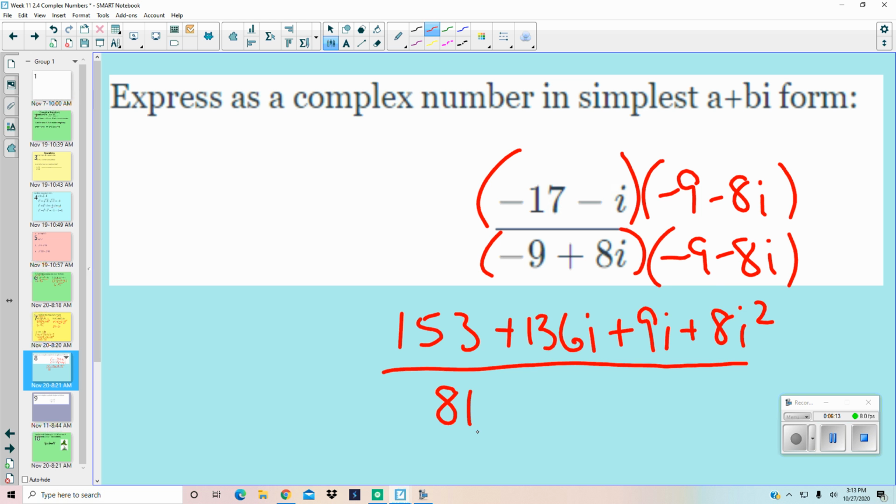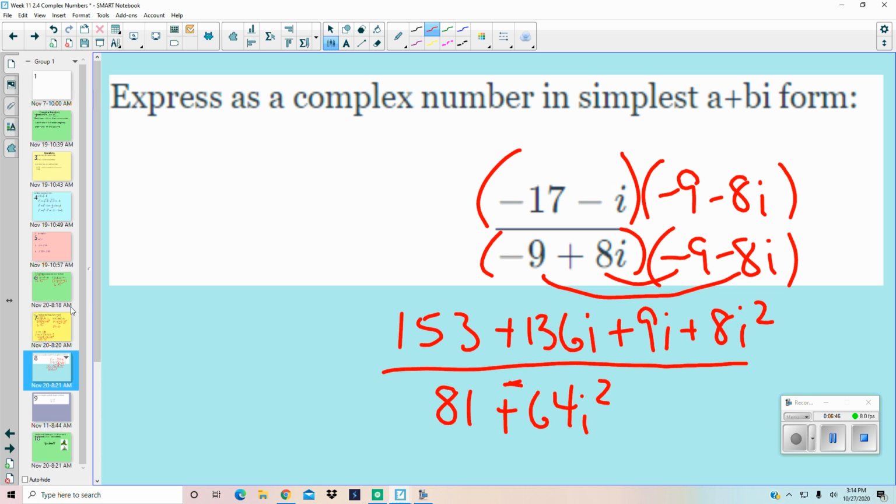Because I multiplied by the conjugate, the inside and the outside will always cancel. Oh, gracious, it's not going to be plus, it's going to be minus, because it's positive 8i and negative 8i.